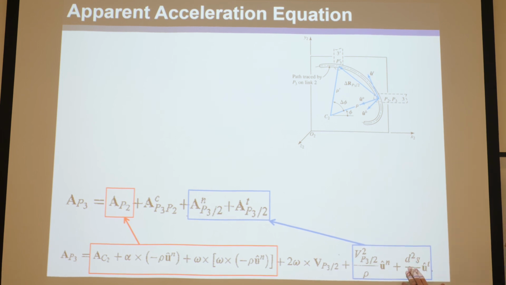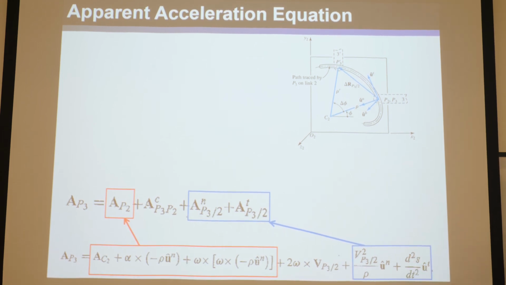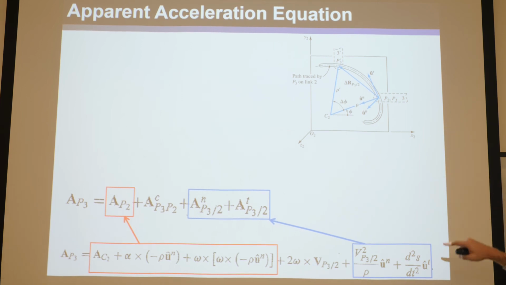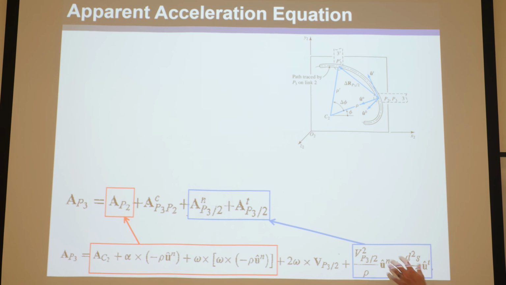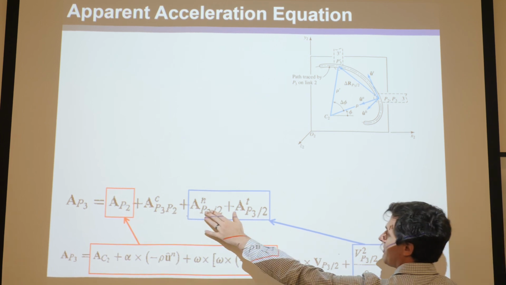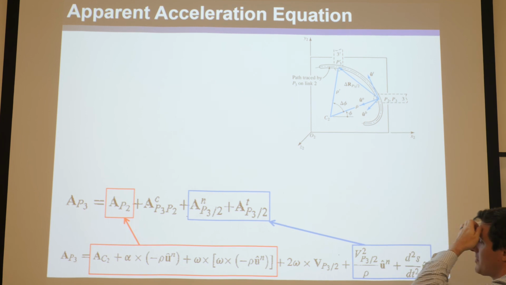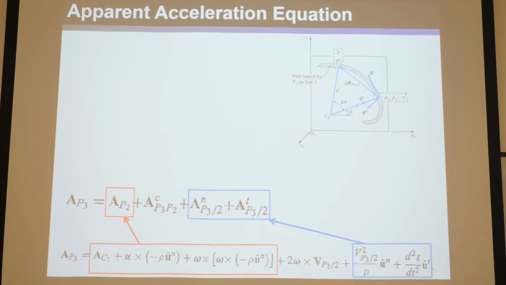And then you have here the tangential acceleration as it goes around that curve in the ut direction. So you have the normal direction, you have the tangential direction, and these are both apparent, meaning you're an ant on 2, nothing else is moving, for all you know 2 is not moving, and link 3 is moving around. You're finding the apparent acceleration, the normal centripetal component and the tangential component added together that's experienced by this.